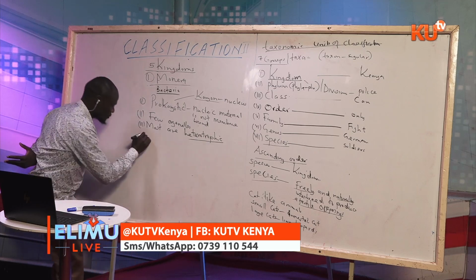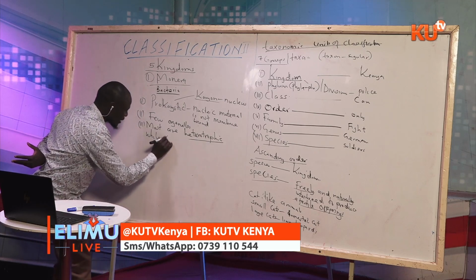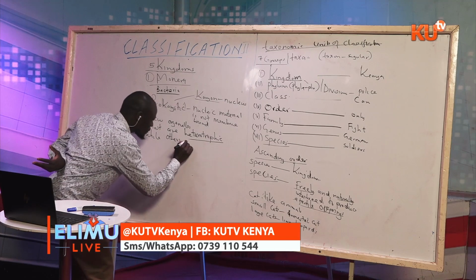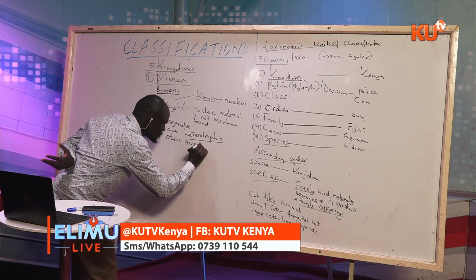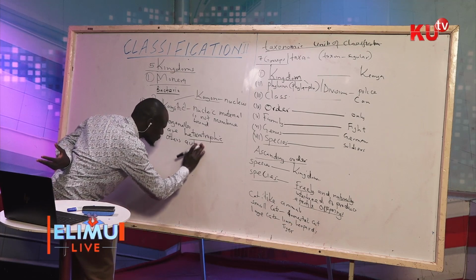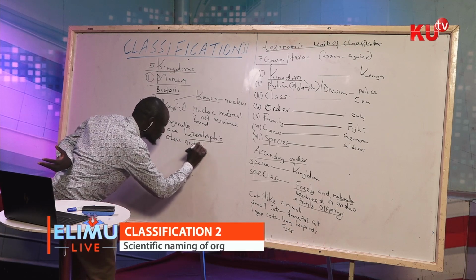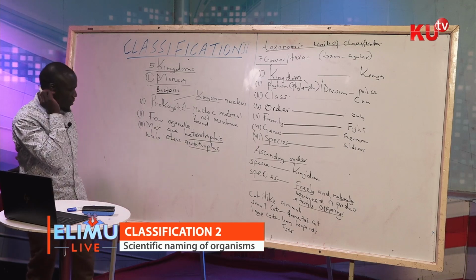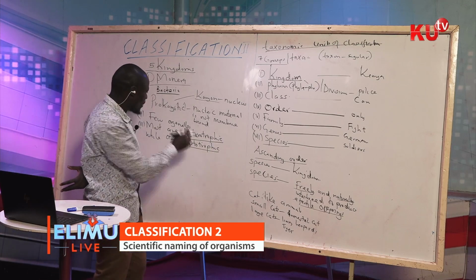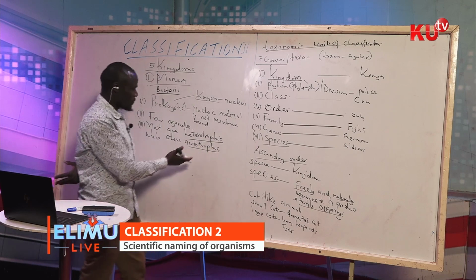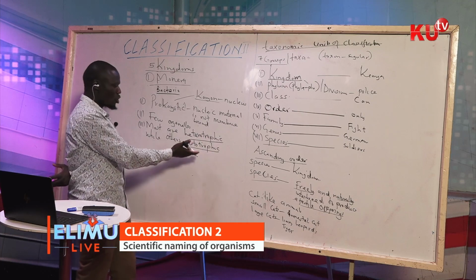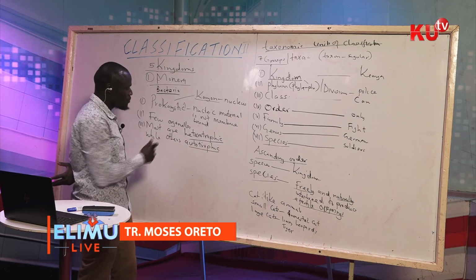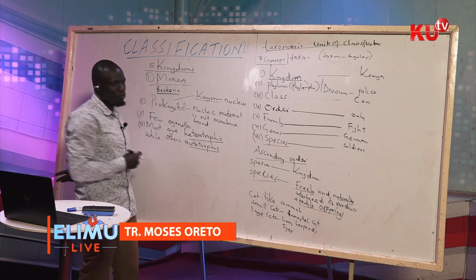While all others are autotrophic. What does it mean to be autotrophic? When I talk about autotrophic, I simply mean these are organisms that are able to make their own food from simple organic material in the presence of light energy.